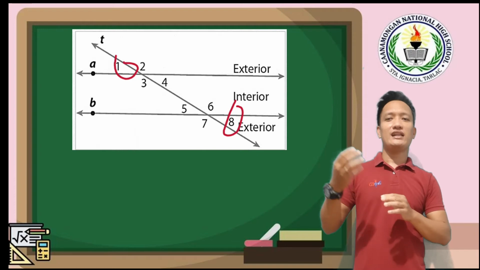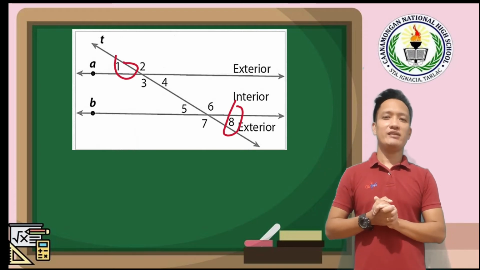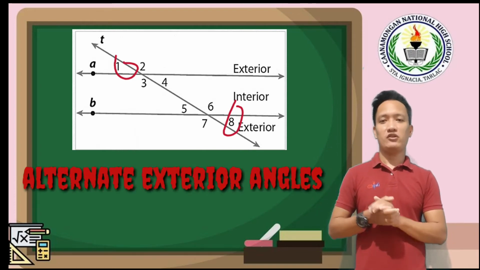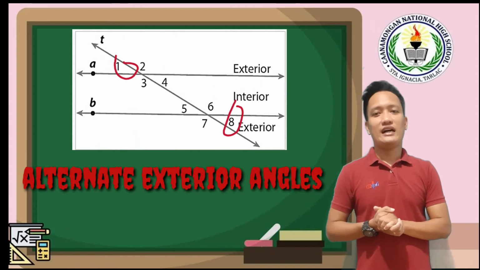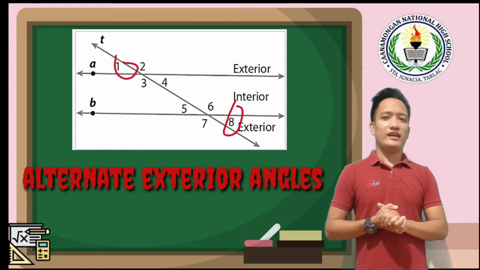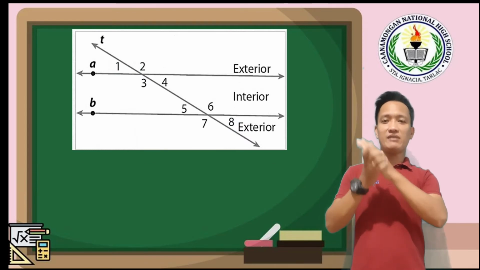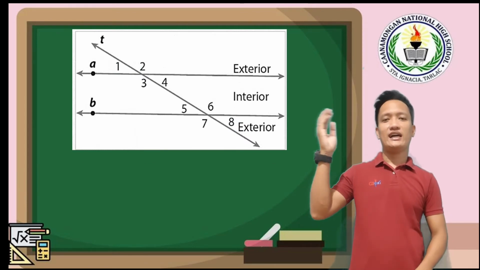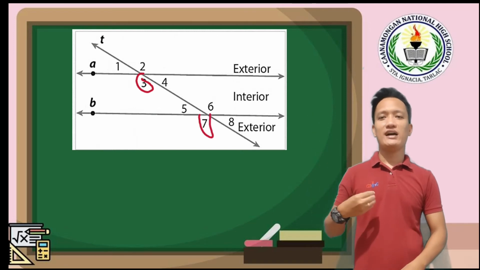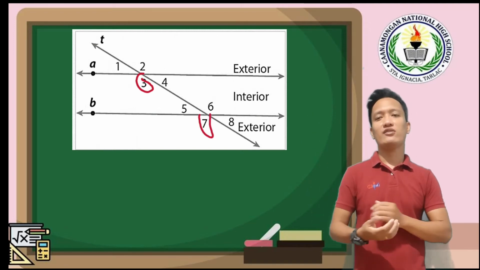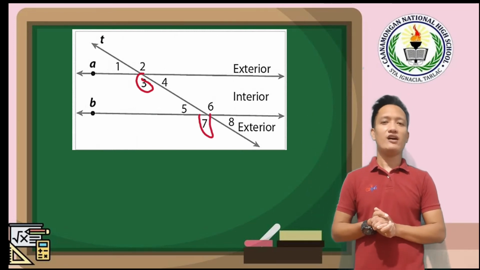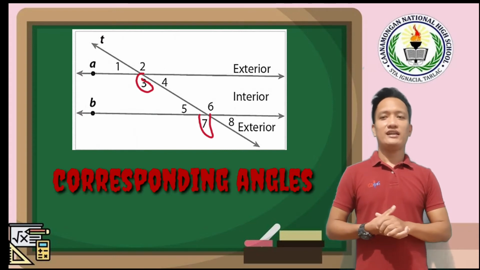Kapag opposite naman na nasa labas, they are alternate exterior angles. At kung yung isa naman ay nasa same side sila, at kung yung isa ay nasa loob at yung isa ay nasa labas, they are considered corresponding angles.